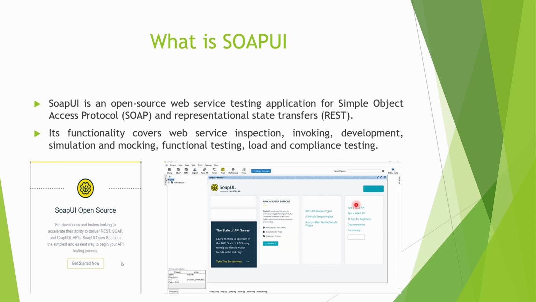The version we'll be using is SoapUI open source, because there is another version, the pro or paid version, which is called ReadyAPI. But the SoapUI open source version is enough for us, and it will give us all the tools that we need to understand APIs and to do the testing.